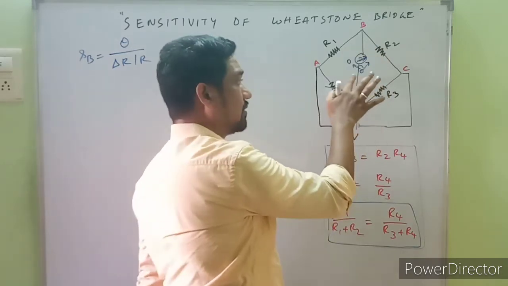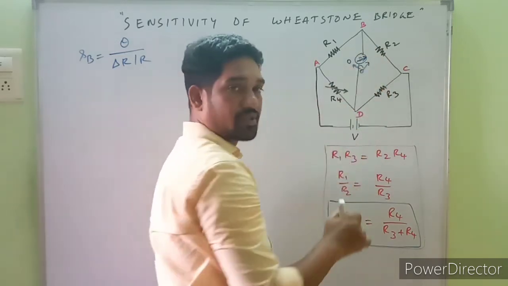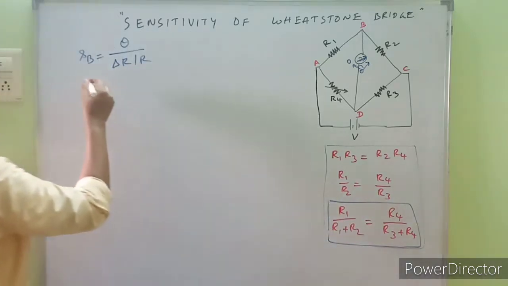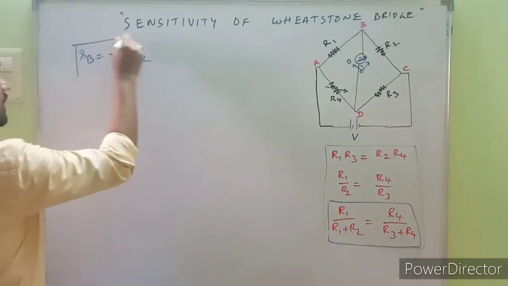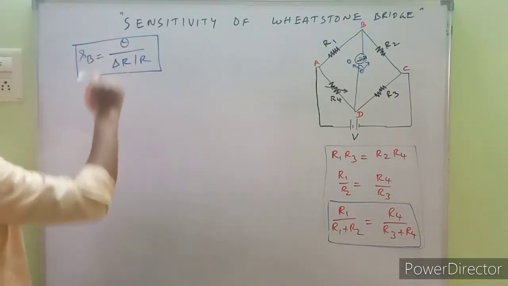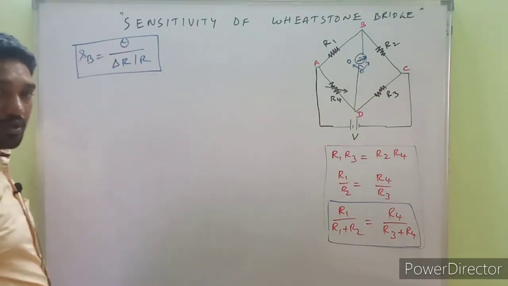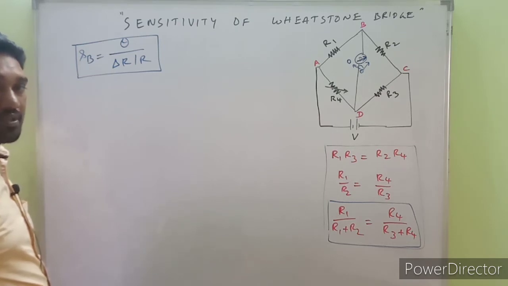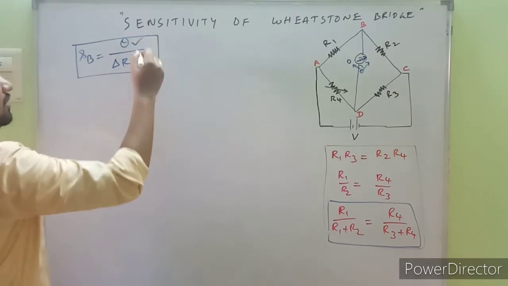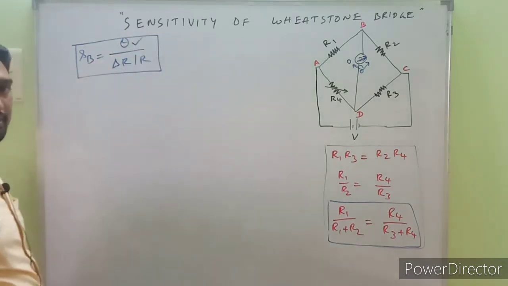Current flows, and the pointer starts deflecting. From that action, we have this definition of bridge sensitivity, which is the deflection caused for a fractional change in resistance. So we need to evaluate theta, and then substitute back.